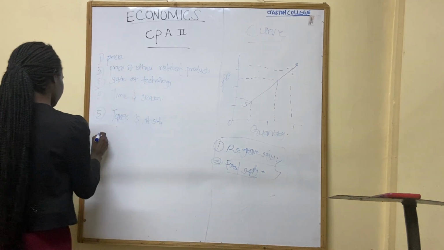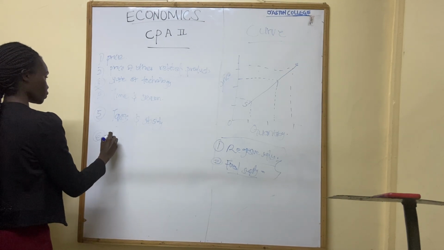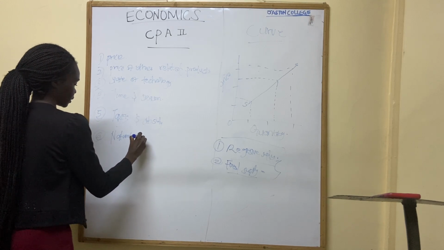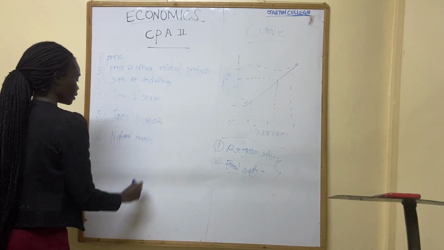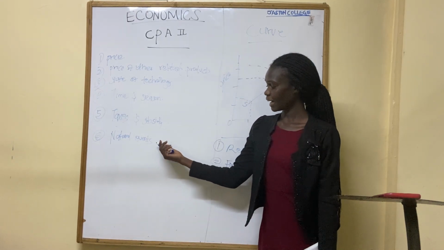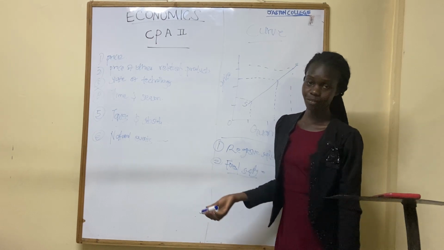The sixth one is natural events. Natural events include earthquakes and floods.